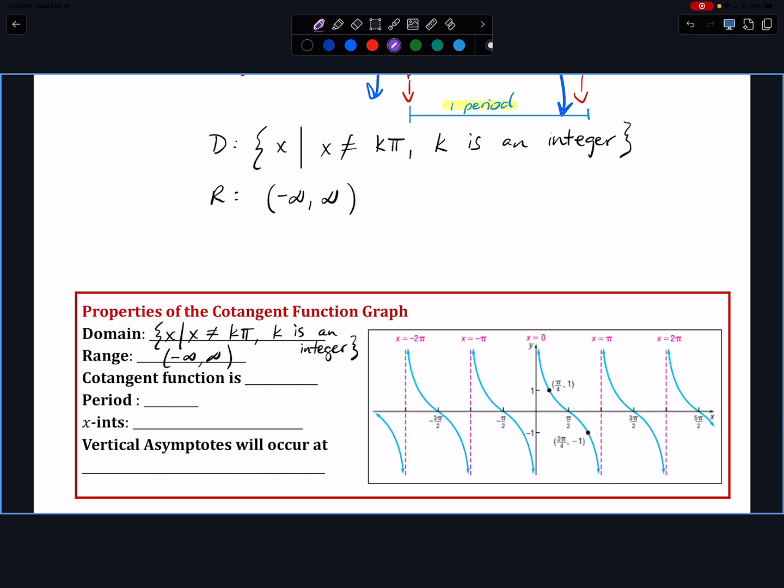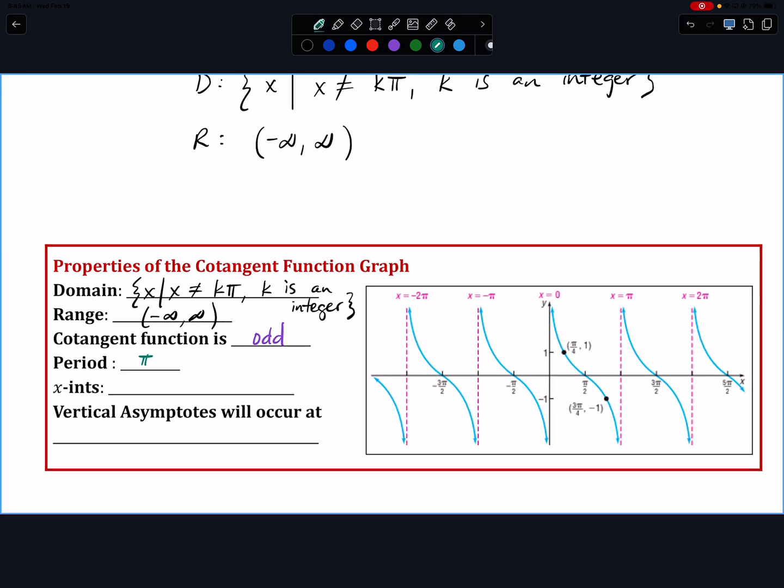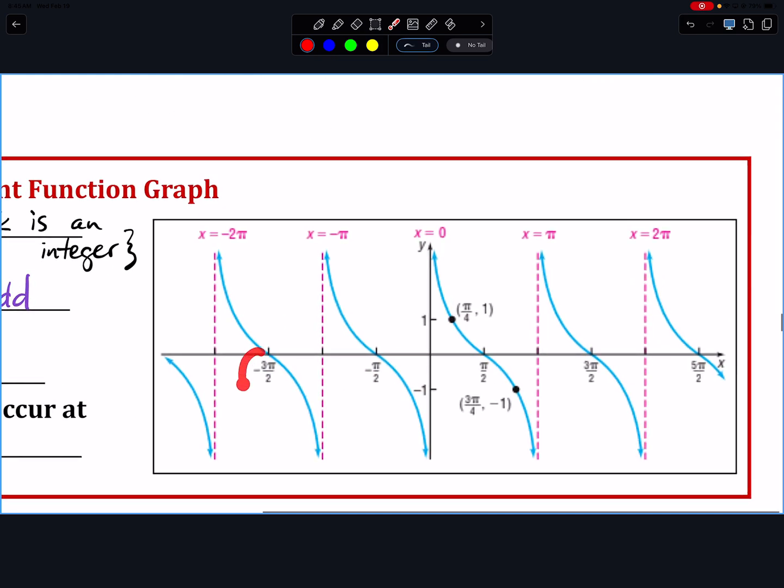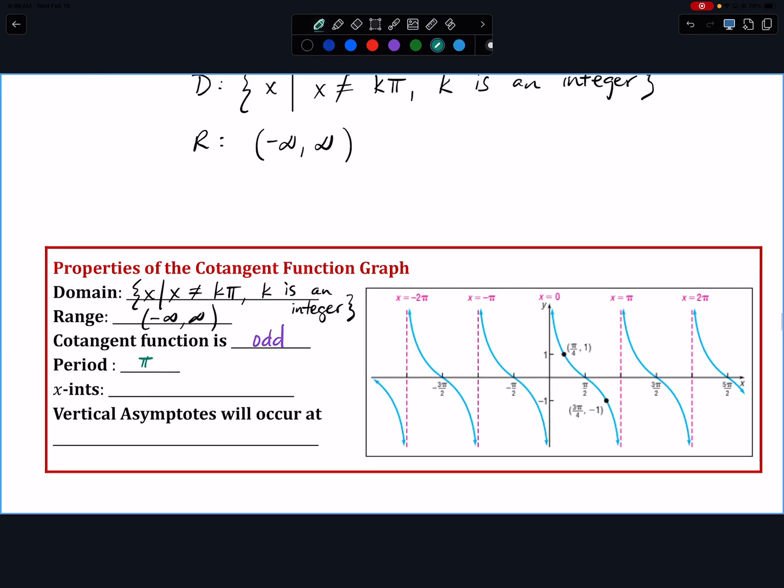Just like tangent, cotangent is also an odd function. Period is pi. X-intercepts, do you guys notice something about all the x-intercepts? What do they have in common? Do you guys see how they're all pi over 2's? What type of numbers are in the front of each of the pi over 2's? Do you guys see how they're odd numbers? So I'm going to say the x-intercepts occur at every odd pi over 2.